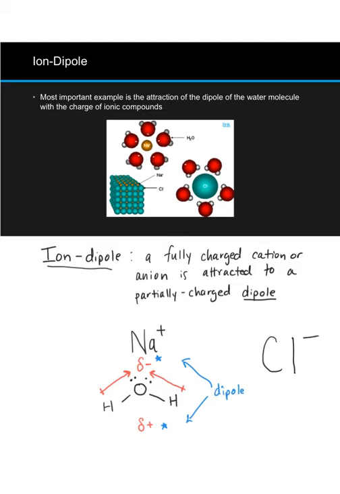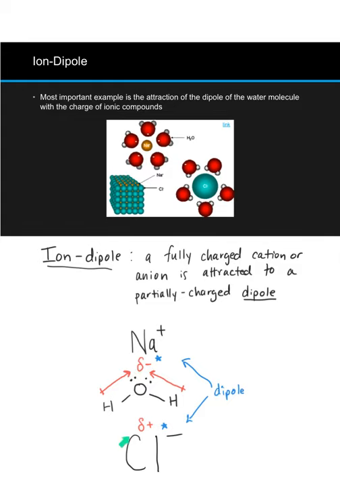Next, imagine something like a chloride anion approaching this water molecule. Chloride has a fully negative charge. This negative charge is attracted towards the region of partial positive charge on the water molecule. And what we'll say is that if we expose a substance like sodium chloride, NaCl, to water, sodium cations arrange themselves preferentially around the partially negative oxygen side of this water molecule.